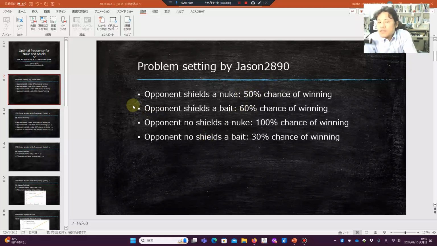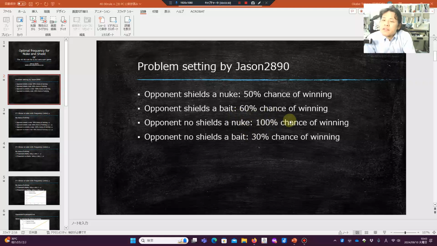And the second case, the opponent shields my bait move. This is bad for me. So no, this is good for me. So let us increase this 50% chance by 10%. And the third one, and this is a critical one, I throw a nuke, but the opponent doesn't shield.